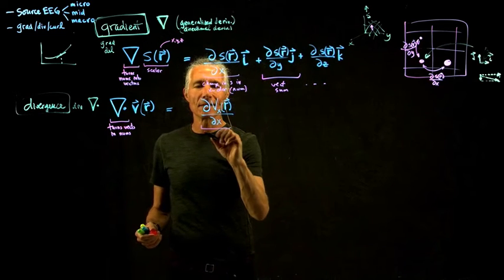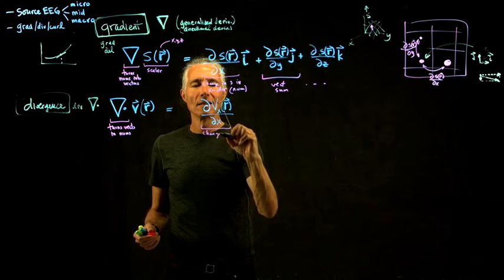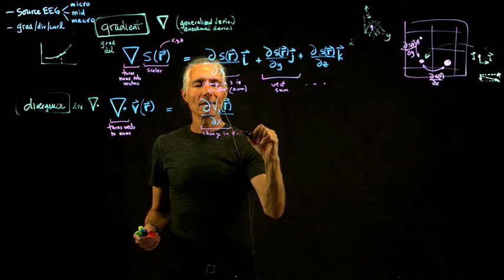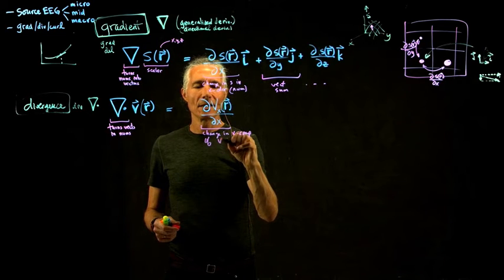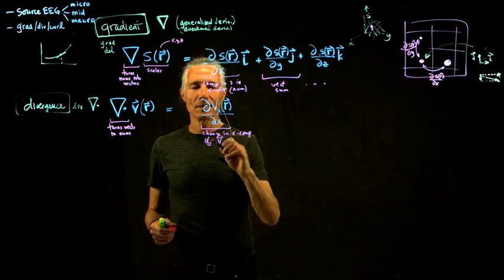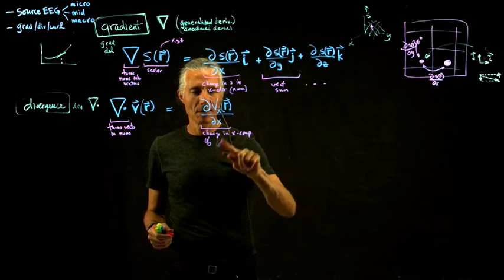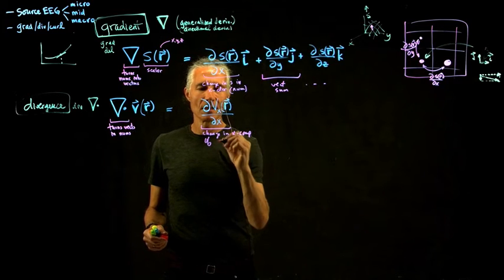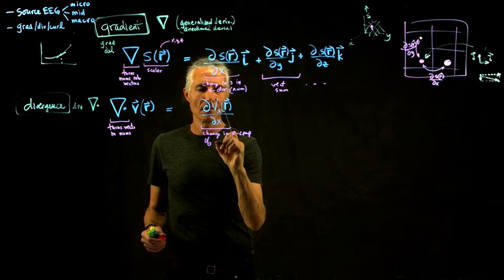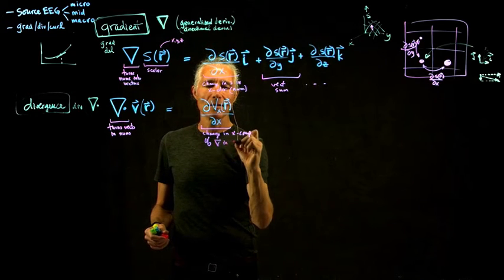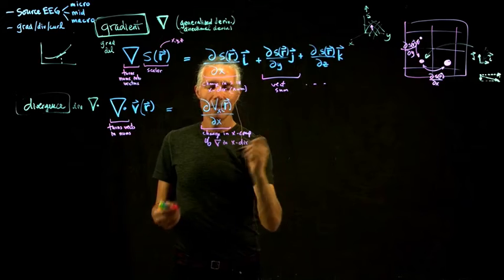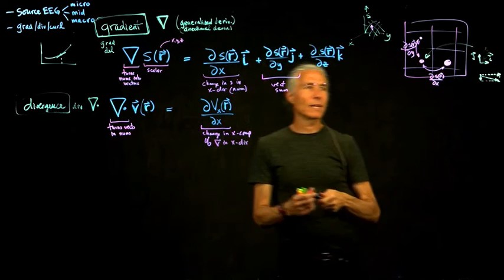What that means is change in x component of v. So v is a vector. Change of v in x direction. So we'll write out what that looks like over here.